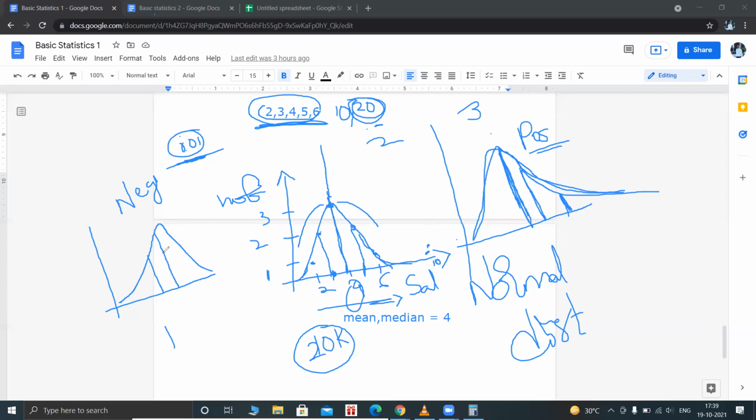If you have outliers in your data but they are not affecting your actual data points, that would be totally fine.